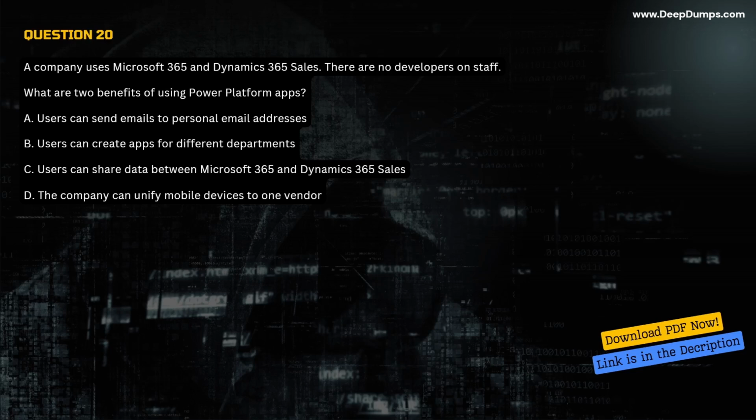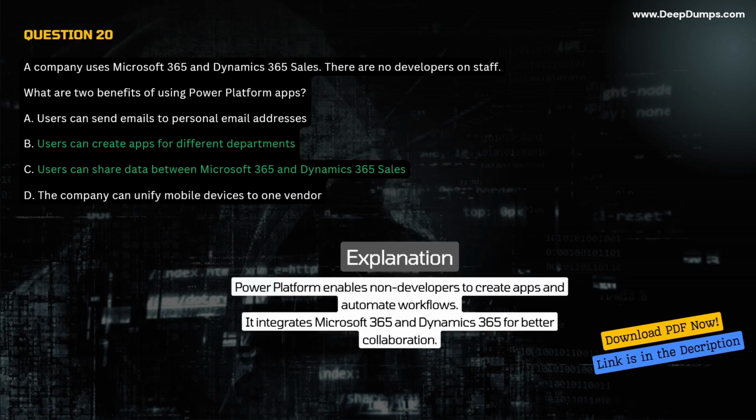D. The company can unify mobile devices to one vendor. Correct answer B and C. Users can create apps for different departments. Users can share data between Microsoft 365 and Dynamics 365 sales. Explanation. Power Platform enables non-developers to create apps and automate workflows. It integrates Microsoft 365 and Dynamics 365 for better collaboration.